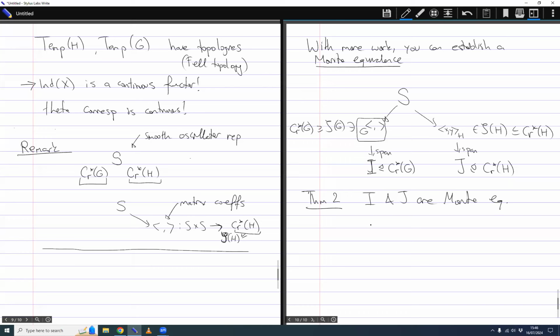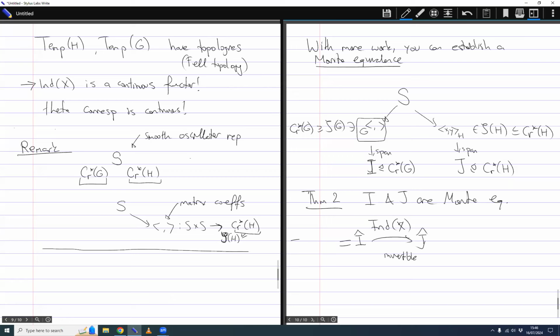What does that mean? It means that the induction functor X going from the spectrum of I to the spectrum of J is an invertible functor. And here the spectrum of I is precisely those tempered representations that enter the theta correspondence.